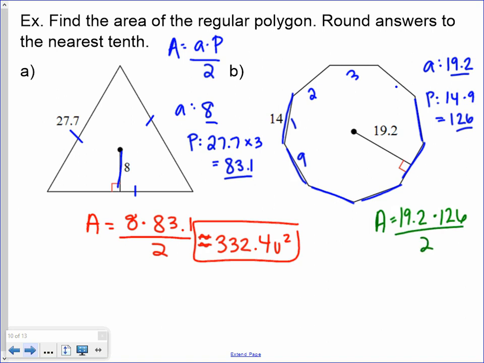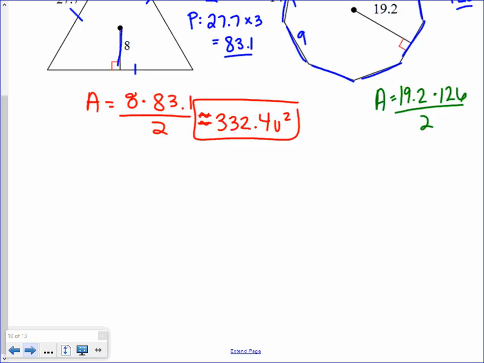Let's go, Andrew. Let me know what you get when you type in 19.2 times 126 divided by 2. That seems big to me.